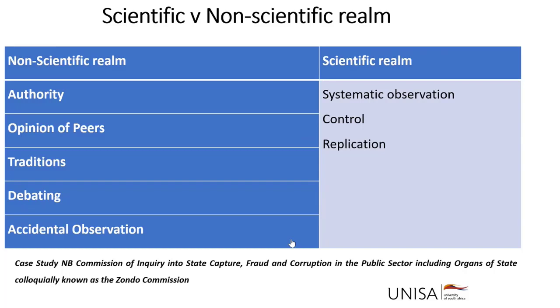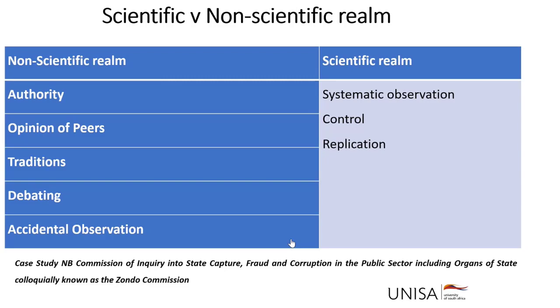I would think that the hypothesis perhaps was that there is a relationship between those who were identified to have the relationship with the subjects, and then based on the evidence collected, to basically prove that it is indeed the case that there was a relationship between certain individuals and the propagators of state capture.